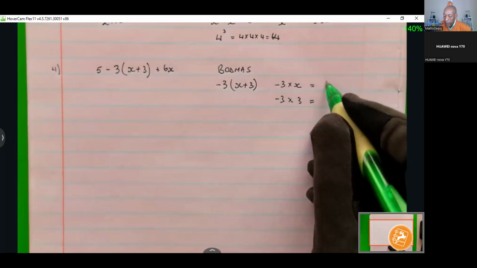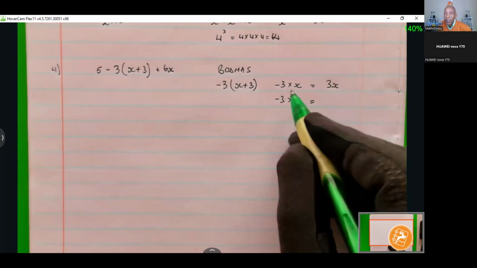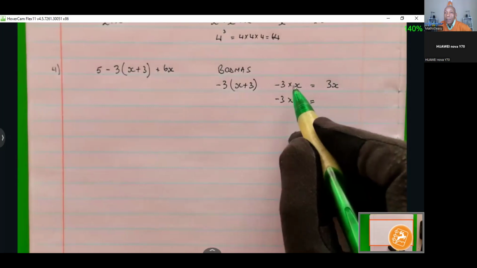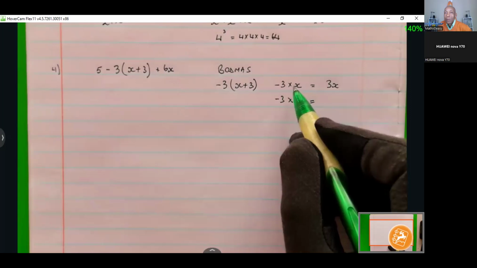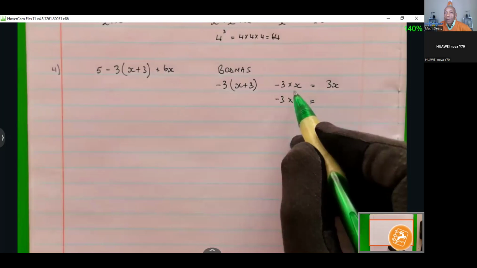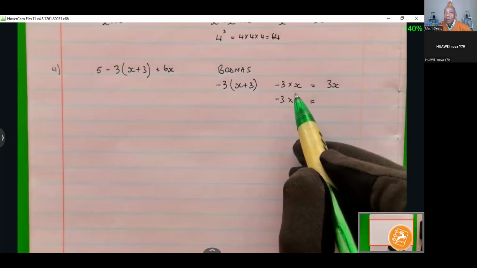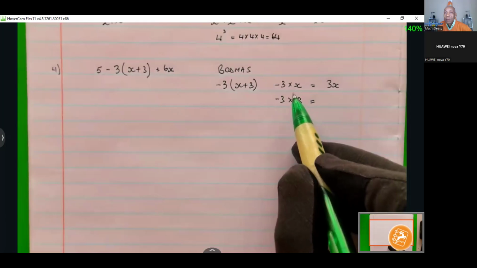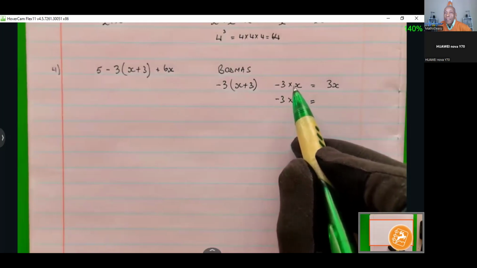And the x has what sign? Is it positive or is it negative? The positive.